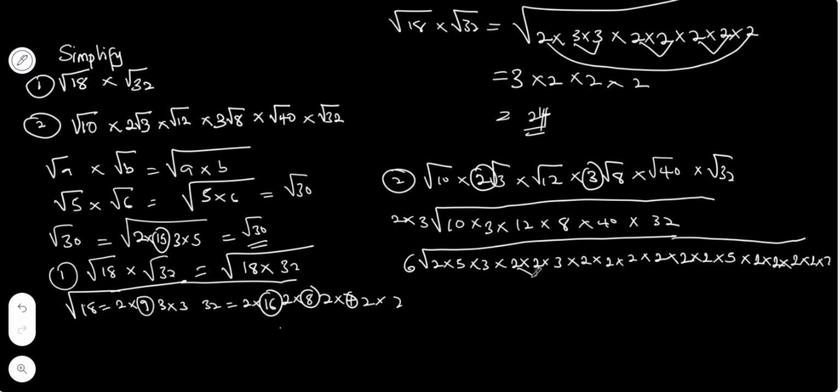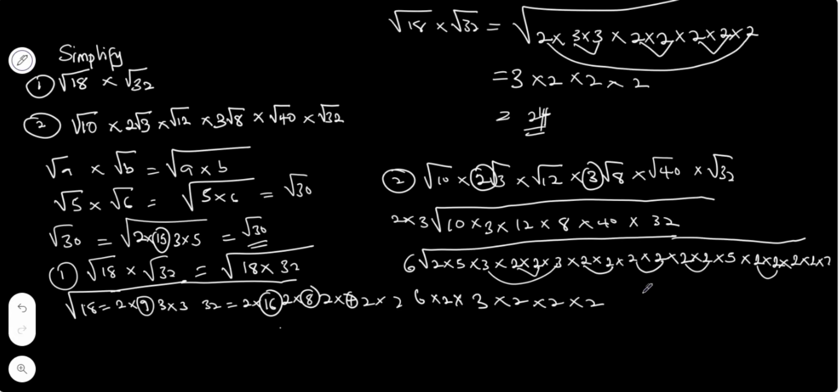This is a pair. We already have 6 here. Then times 2, right? This is a pair. That's 3. This is a pair. That's 2. This is a pair. That's 2. This is a pair. That's 2.